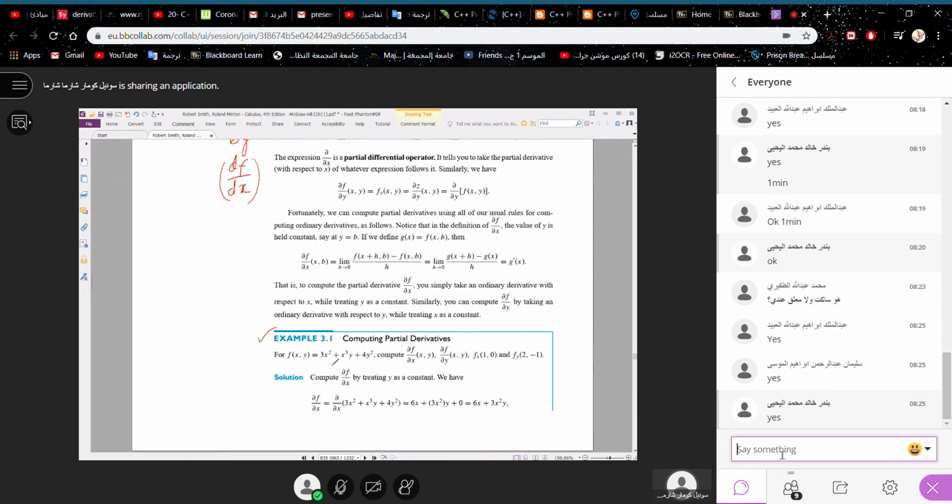For f, this is your f. We need to find the partial derivative of f with respect to x, with respect to y, and these partial derivatives we need to find at (1, 0) and (2, minus 1). Compute del f upon del x by treating y as a constant. X and y are the independent variables, it should be kept in mind here.